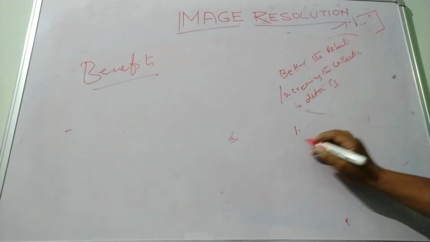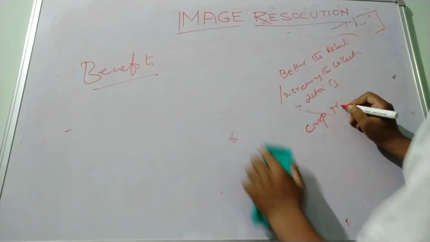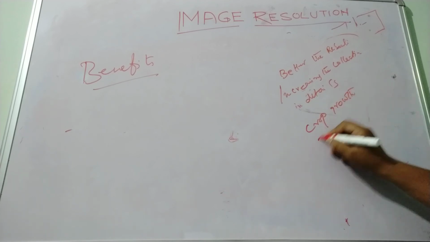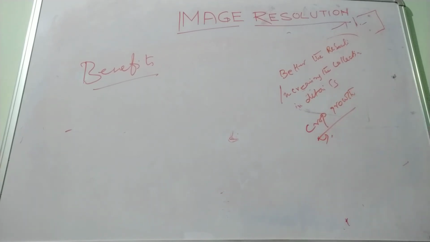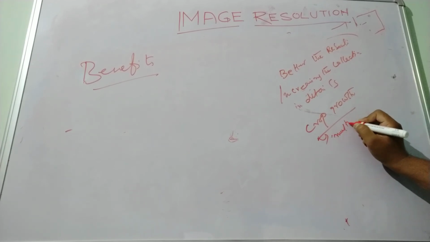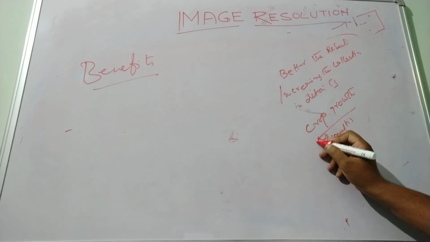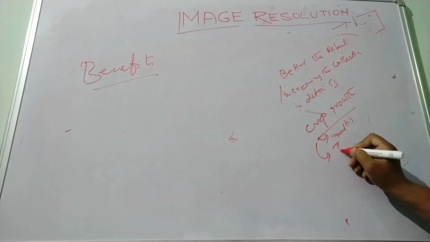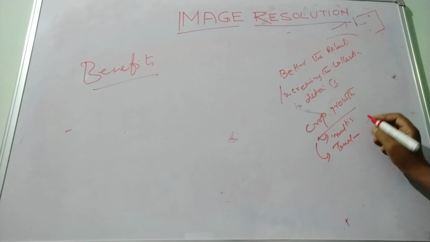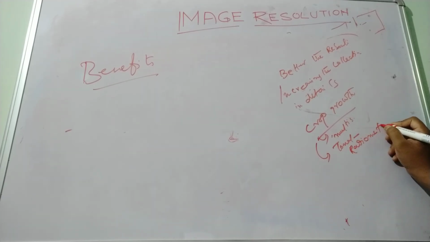Suppose we would like to study crop growth. We need to consider higher multispectral or hyperspectral data at each and every stage to understand the crop growth. And the tonal variation also influences this, which can be gained from the radiometric resolution.